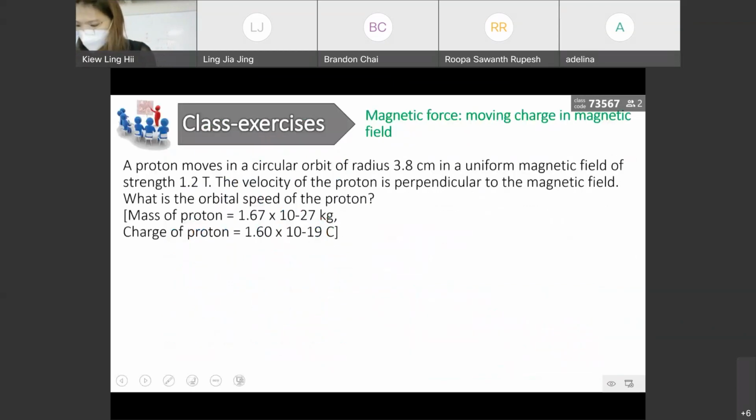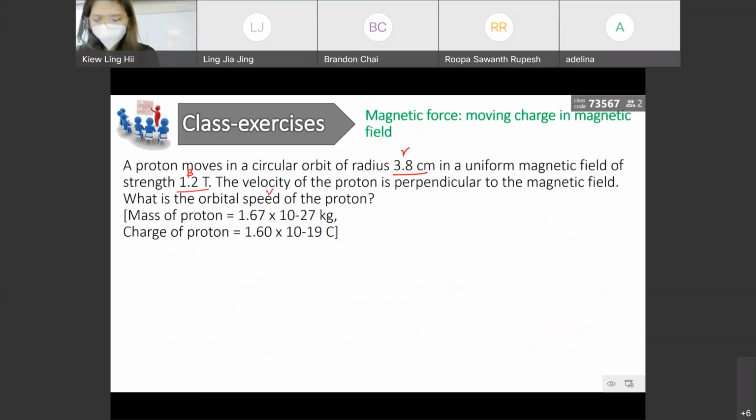So now let's look at this exercise. Radius 3.8 centimeter, magnetic field strength 1.2 Tesla. Find velocity.